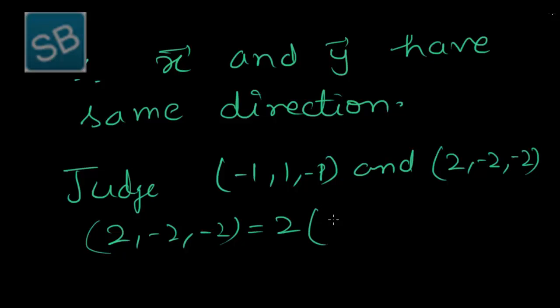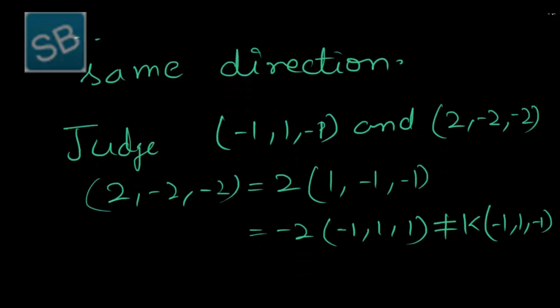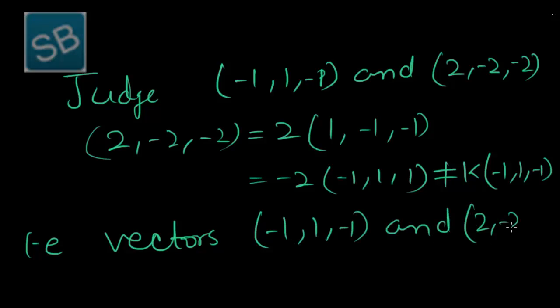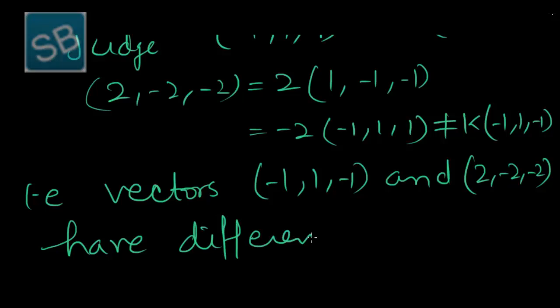If we take 2 common, it becomes (1, -1, -1), or if we take -2 common, it becomes (-1, 1, 1), which is not equal to k times (-1, 1, -1). That is, vectors (-1, 1, -1) and (2, -2, -2) have different direction.